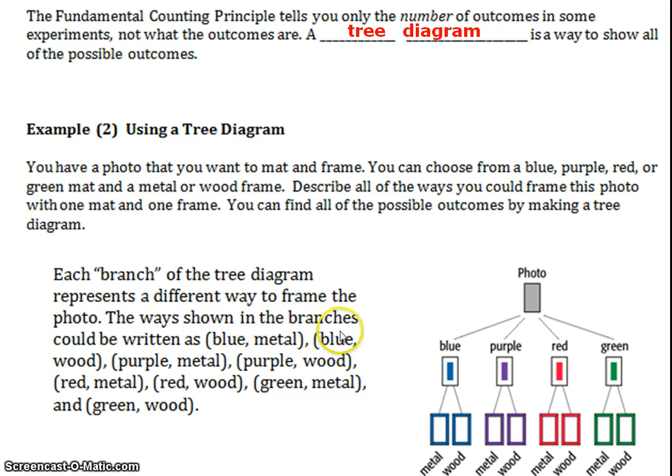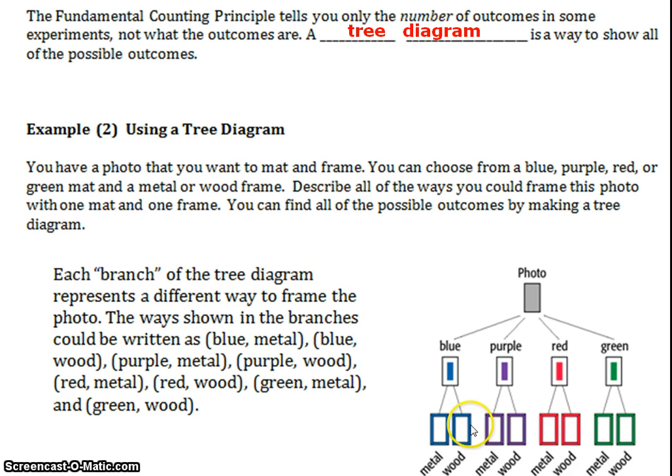The ways shown in the branches could be written as blue metal, blue wood, purple metal, purple wood, red metal, red wood, green metal, and green wood. Now notice that with the mats we have 4 choices. With the frames we have 2 choices. So for a total of 4 times 2, we would have 8 different possibilities.